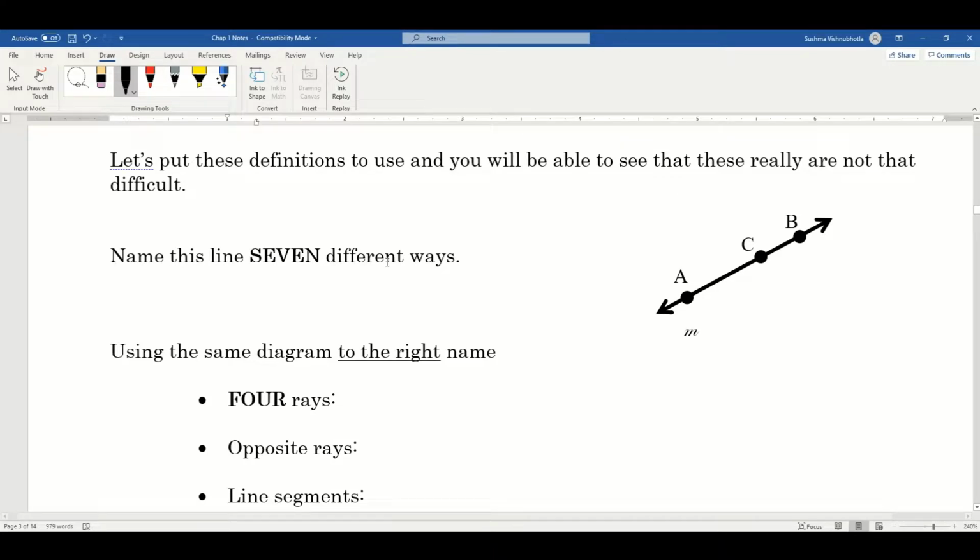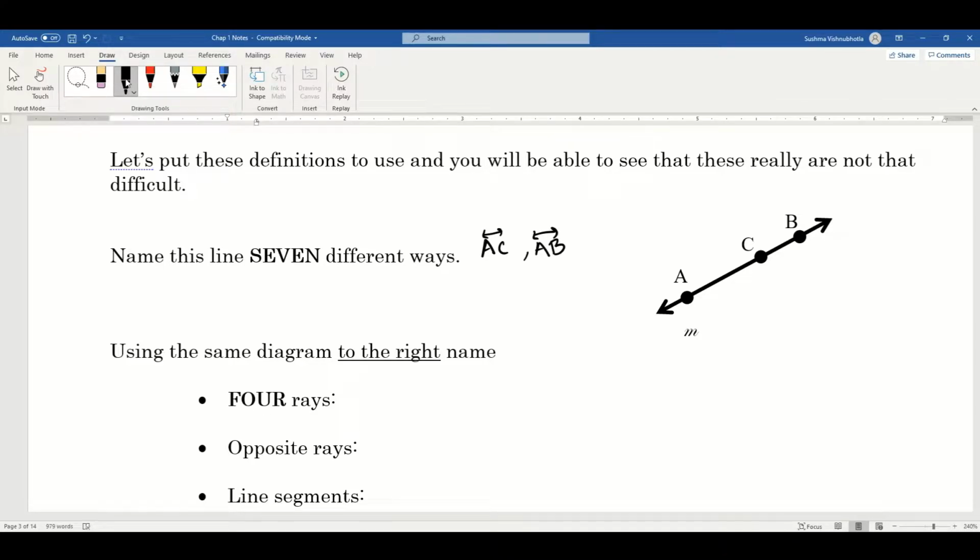So name this line in 7 different ways. There's 7 different ways because remember, all you need to name a line, if you're using the points on the line, is 2 points. So one way would be AC. I can also call it AB.